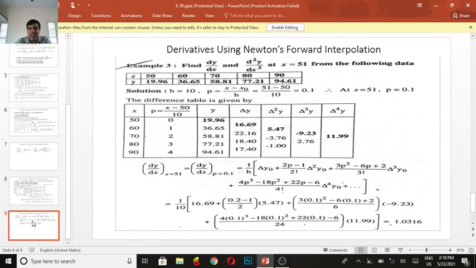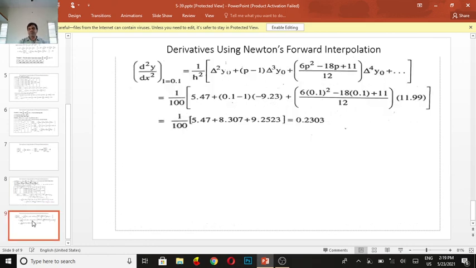This is the way. Again, you find the second derivative, d square y by dx square at p equal to 0.1. So 1 by h square times del square y naught plus p minus 1 del cube y naught plus 6p square minus 18p plus 11 divided by 12 del raised to 4 y naught plus etc. Substituting all the values, we get 1 by 10 square, that is 1 by 100, times del square y naught is 5.47 plus p minus 1, that is 0.1 minus 1, times del cube y naught, which is minus 9.23.